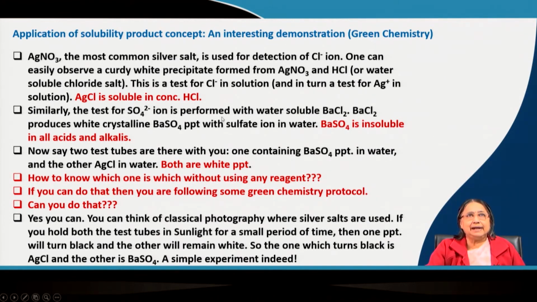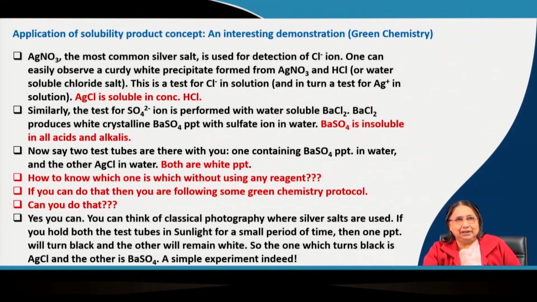This is a test by adding some chemicals. This is not a green chemistry approach, you know that we have to do it without using some reagent, or without using too many things. If we can do something like that, then it is a green approach. So, my question is coming now. Say two test tubes I have given, one is having silver chloride, another test tube is having barium sulphate.